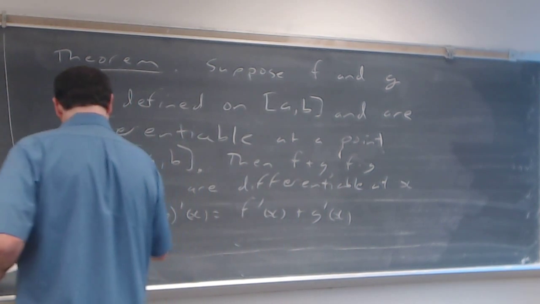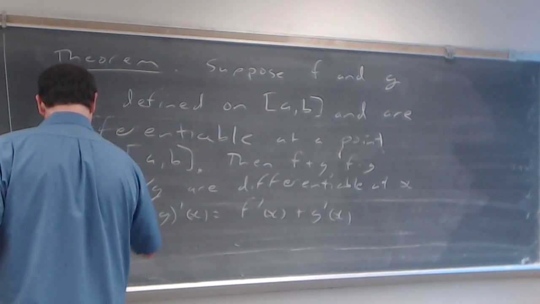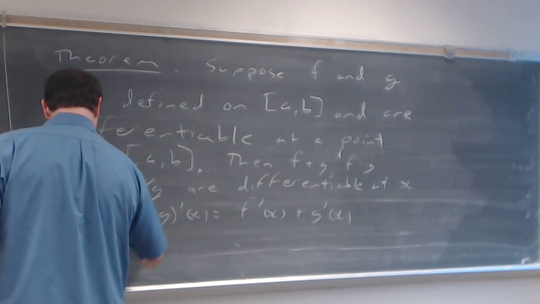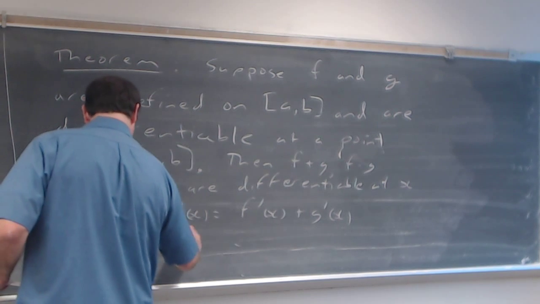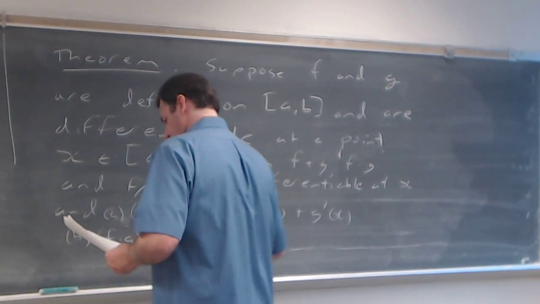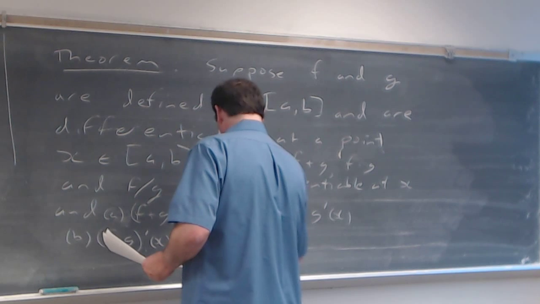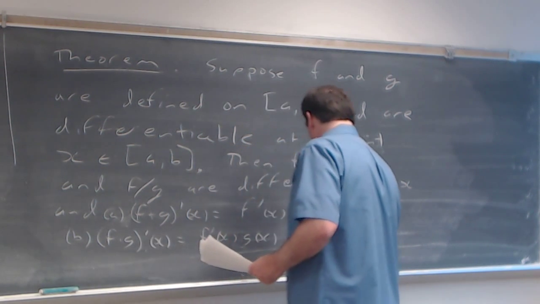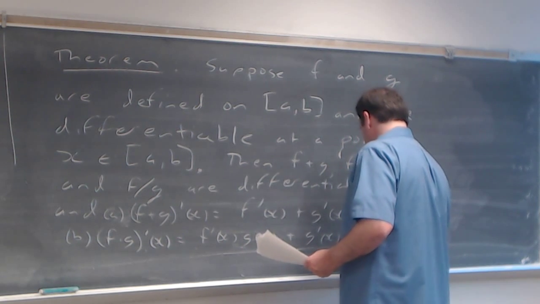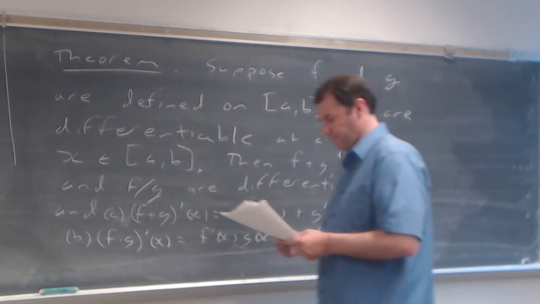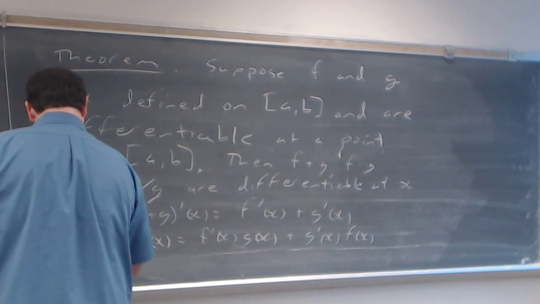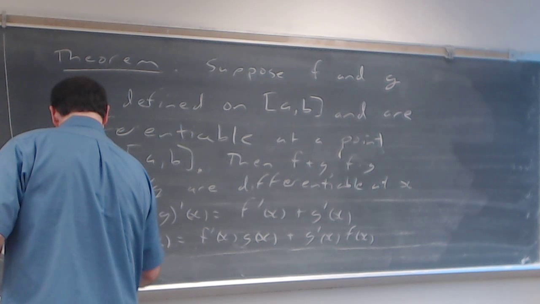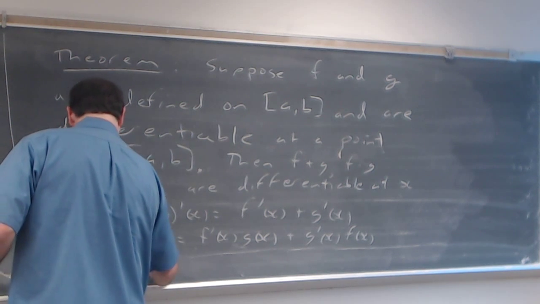Part B is that if you take the multiplication and look at its derivative at x, that's equal to f prime of x times g of x plus g prime of x times f of x. And finally, part C, you take the quotient's derivative evaluated at x.